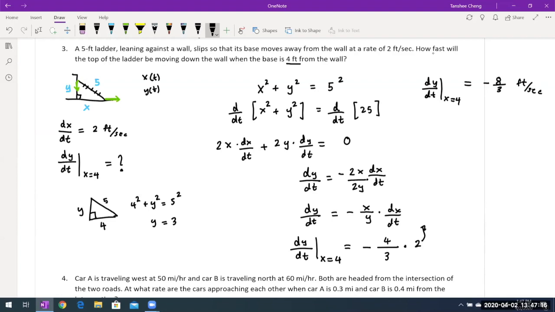So finally, we want to interpret this. What is this negative talking about? That is basically talking about how fast the top of the ladder is moving down the wall.